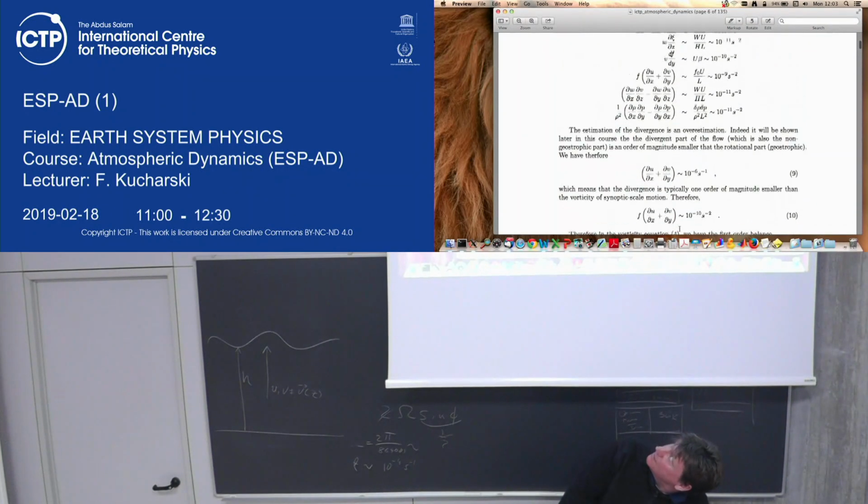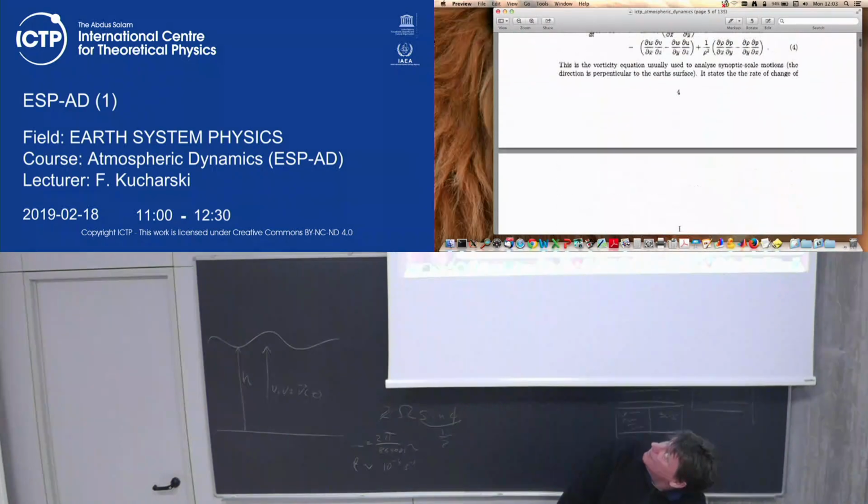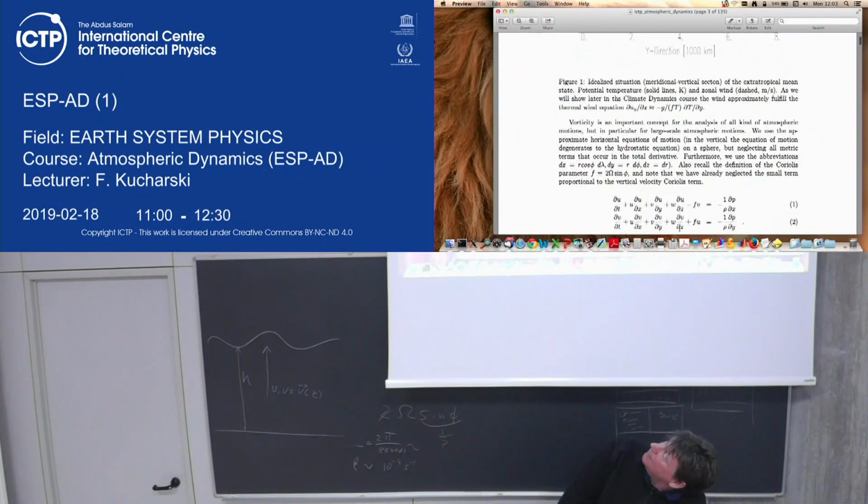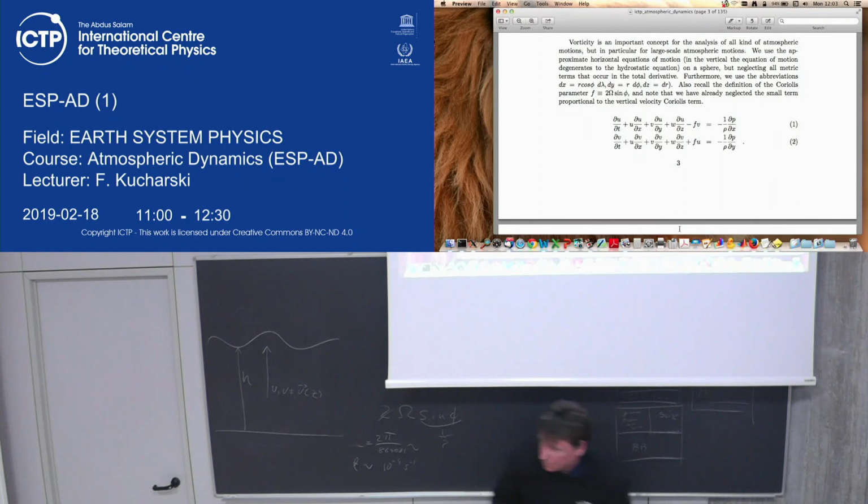Let's go back to the horizontal equations of motion. Which terms in this equation are governing the geostrophic balance? Coriolis and pressure. It turns out if you do a first order scale analysis, which we will do later in this course, you can insert the same numbers.